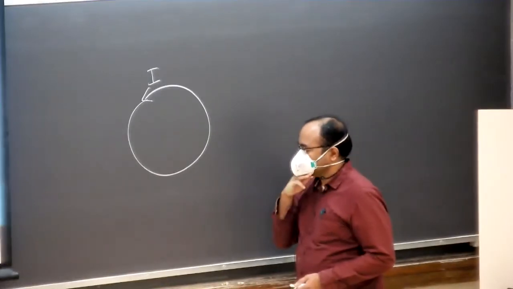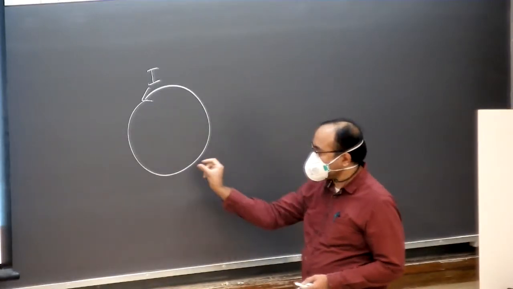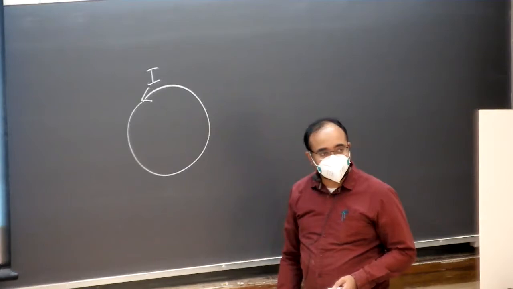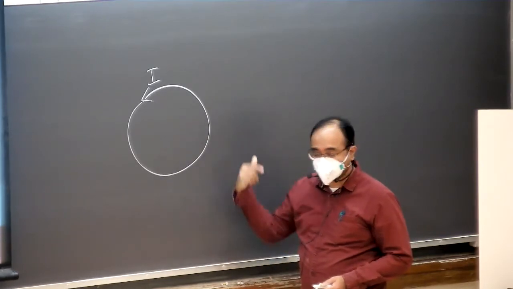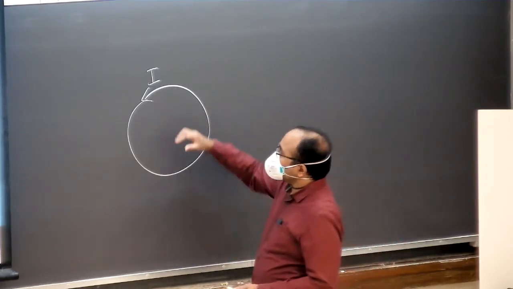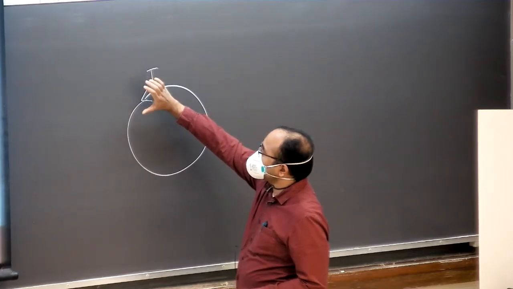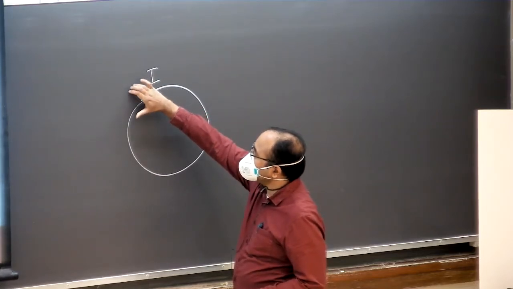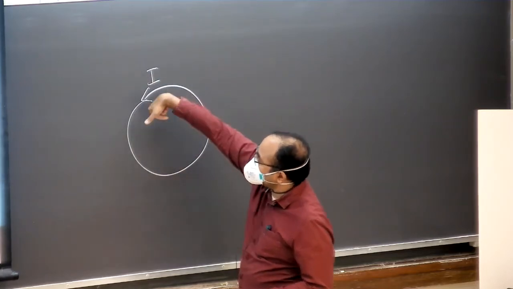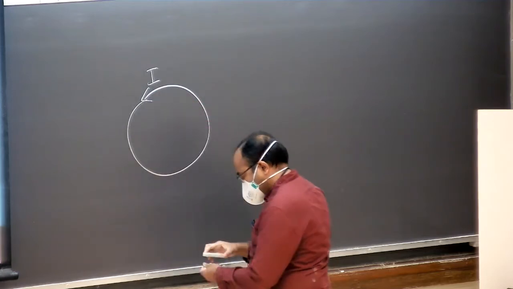Even though it's not a straight line, we can take small segments and figure out what direction the B field produced by this current is. You can see that over here, it would produce a field going into the board, and out of the board over here.